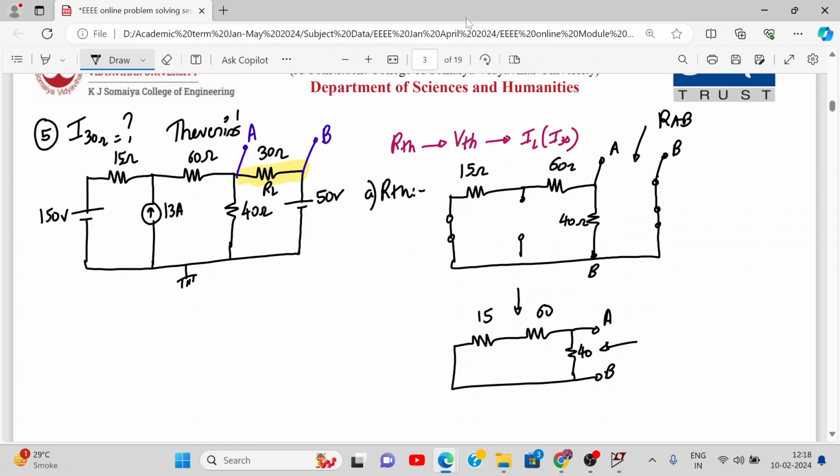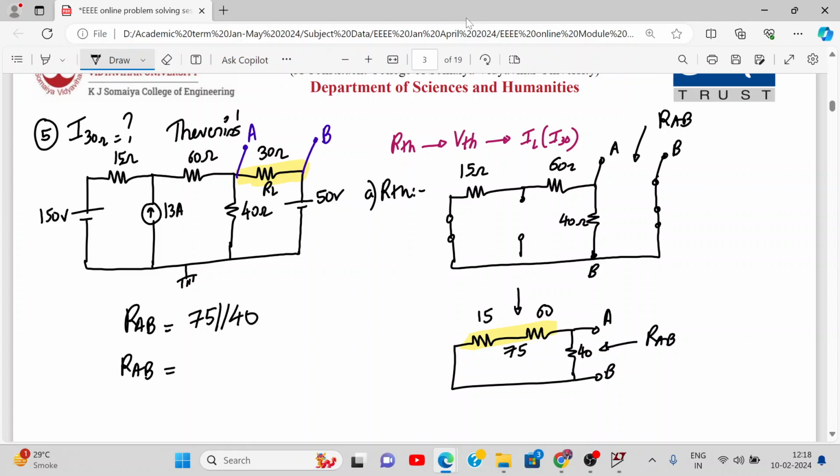Now tell me what is RAB. Is this 60 ohm and 15 ohm in series? Yes, sir, so we have 75 ohm. Now 75 ohm will be in parallel to 40, so RAB will be 75 parallel to 40.